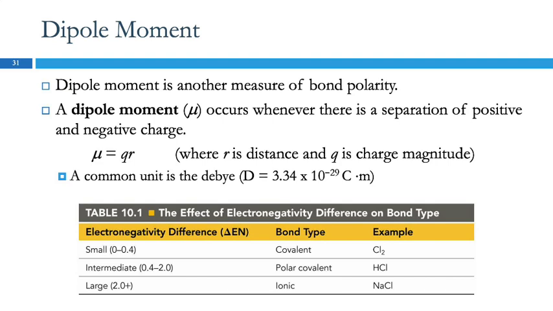A common unit for that is the debye. I want you to know what a dipole moment is: it's when there's a separation of electrical charges. But we're not actually going to calculate that or do anything with debyes.